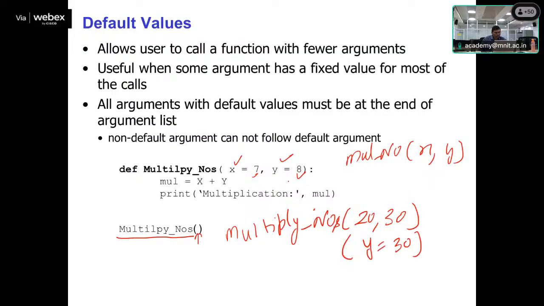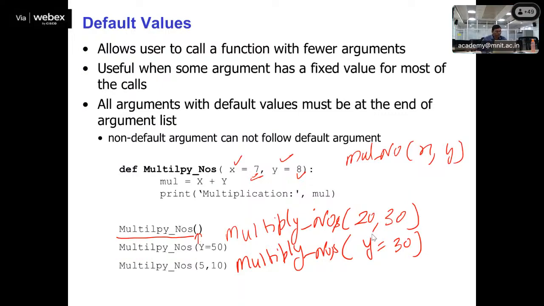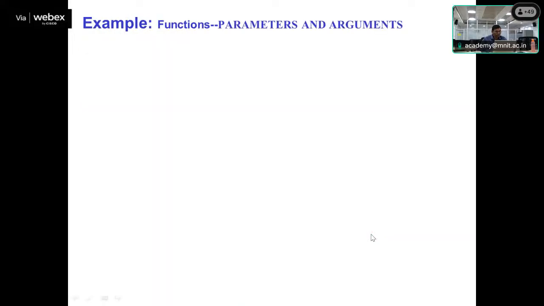It means for x we are not giving a value, for y we are giving. In that case the function will be called, and it will assume 7 for x and 30 for y. So this will give me the addition of y and x. That way it can be given.